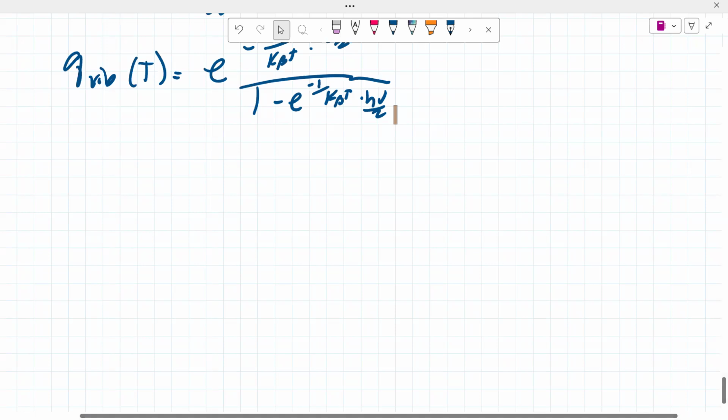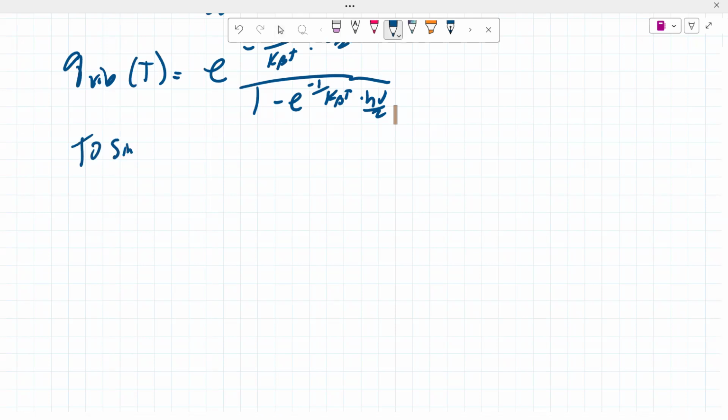So we could simplify, because who likes writing lots of symbols? We'll have this symbol for vibration, which is defined as hν over kB.